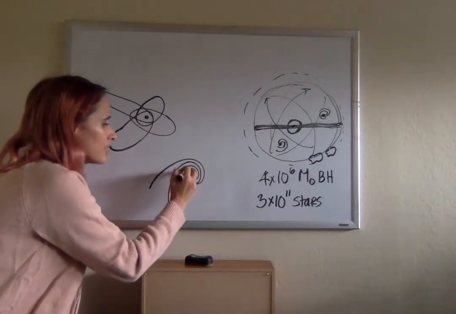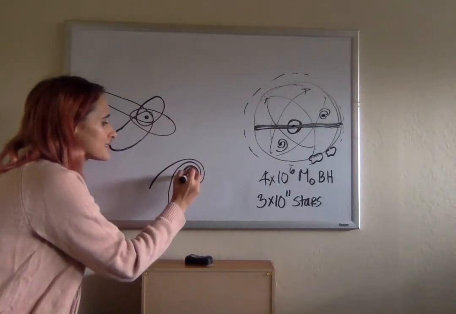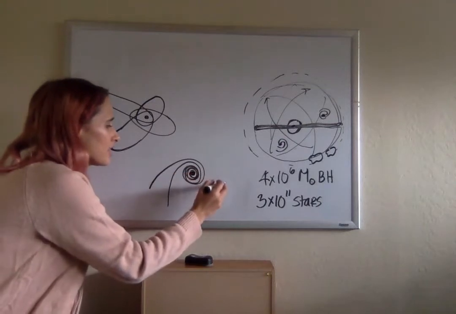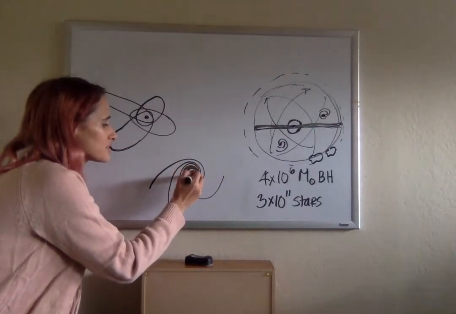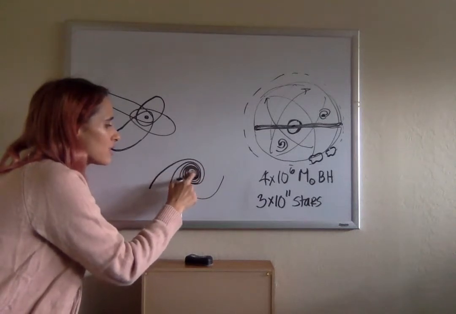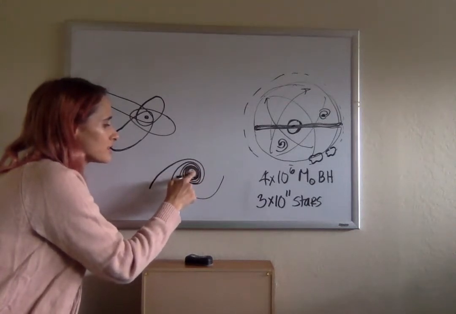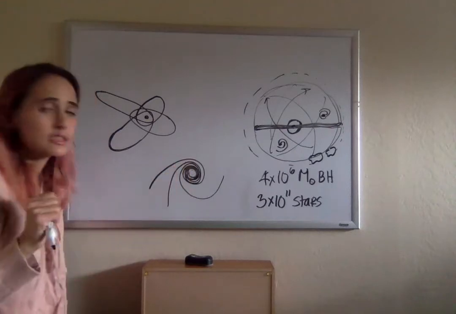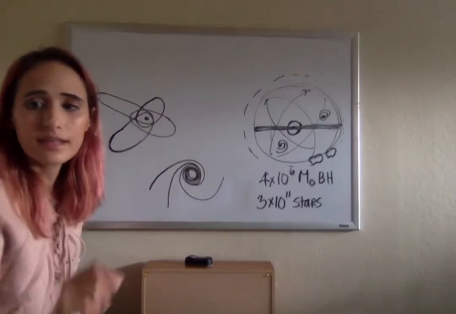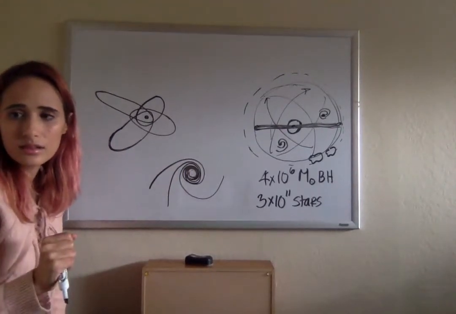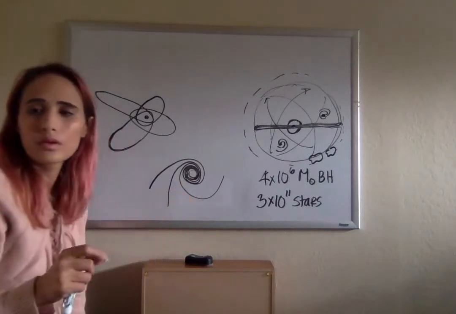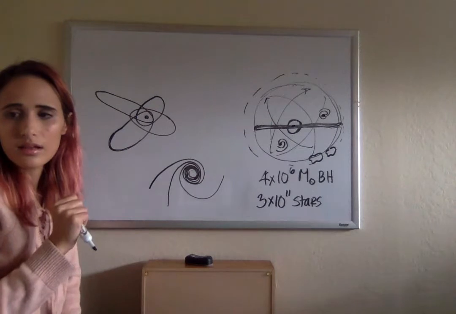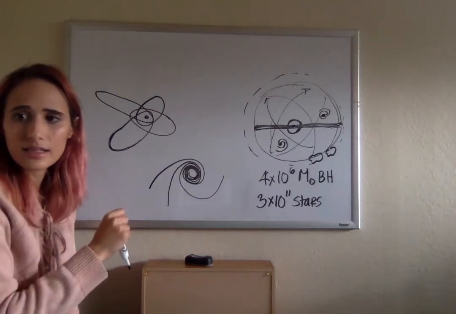And so you have this disk of super hot gas that surrounds this black hole in the center, right? As this gas falls in and spirals around, it gets really dense and the pressure goes up and the temperature goes up.